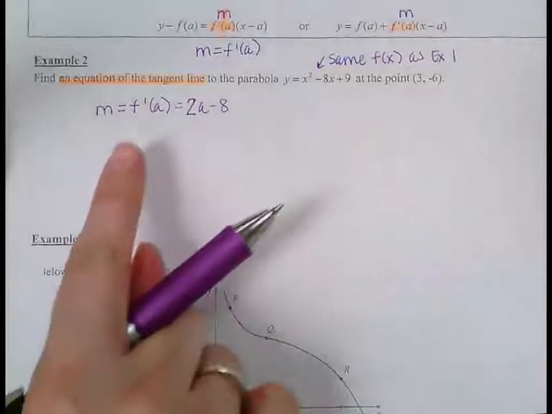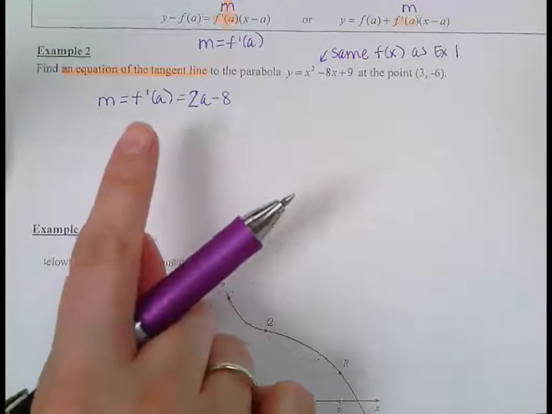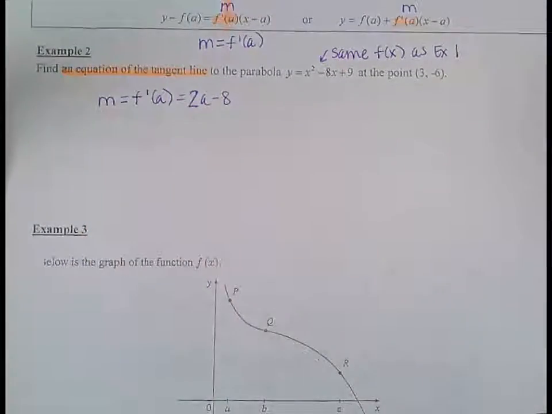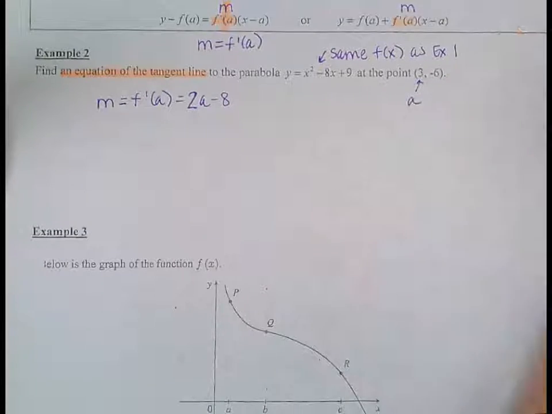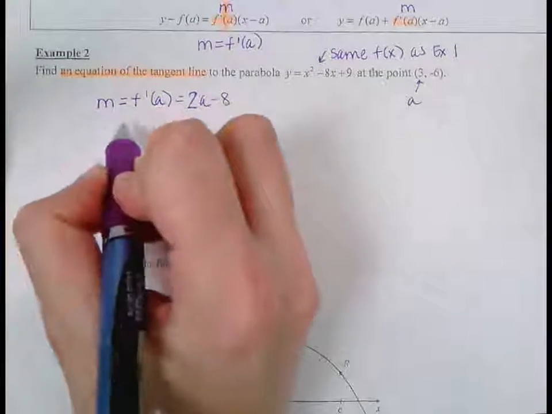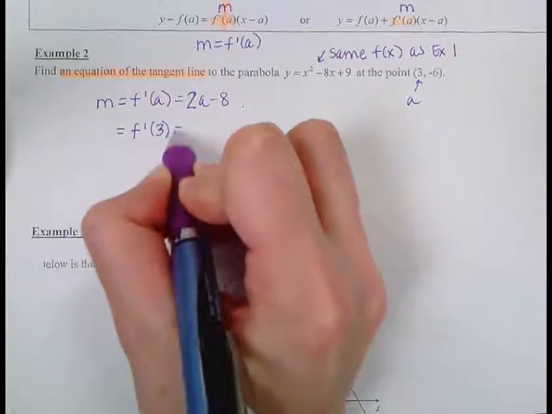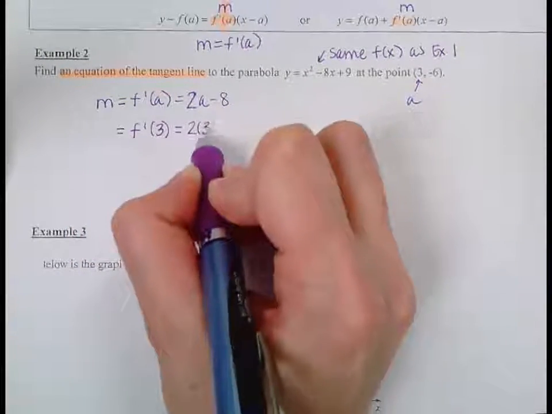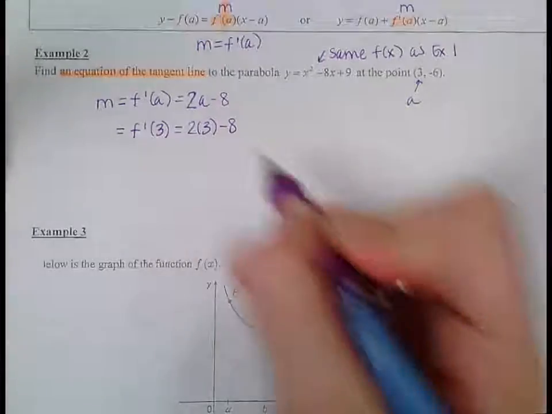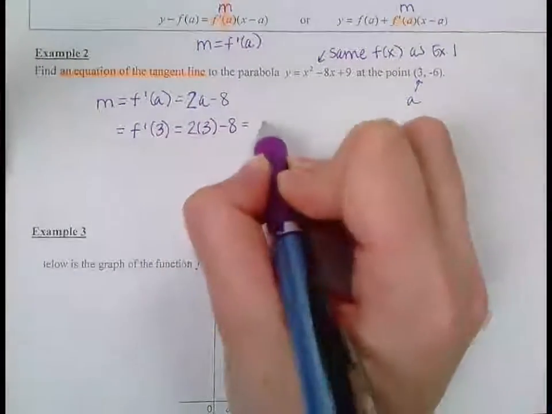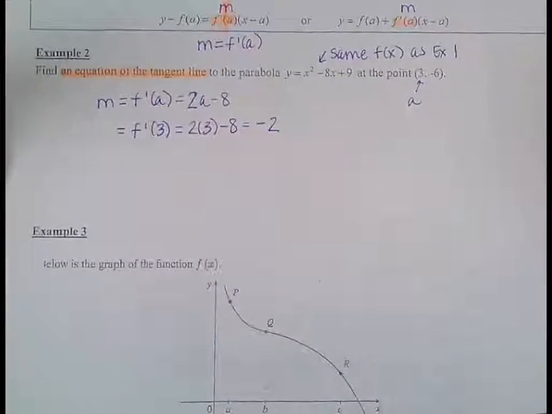So that means, what's our a value in this problem? 3, the x value of your point. So our slope is going to be f prime of 3, which is 2 times 3 minus 8. So 6 minus 8, -2 would be our slope. So once you've found your derivative, you substitute in your a value to get your slope.